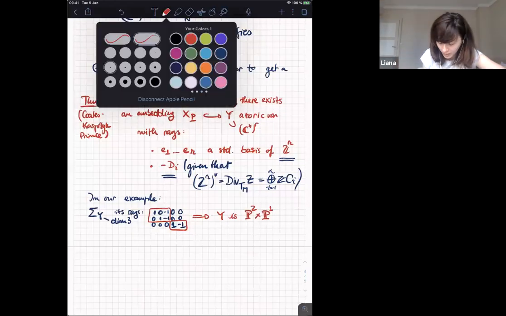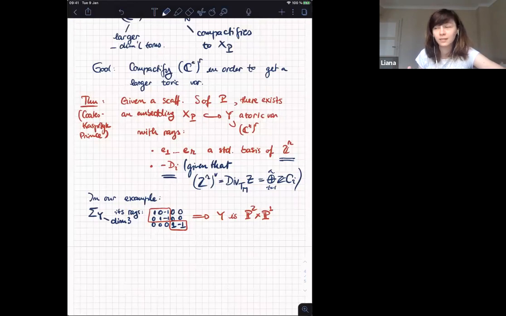Now, something else I would like to say is that the theorem again tells you more. It tells you what the line bundle is. In this particular case, XP is going to be a complete intersection, and since you started with a surface, it's going to be a hypersurface, given by just 1 line bundle.